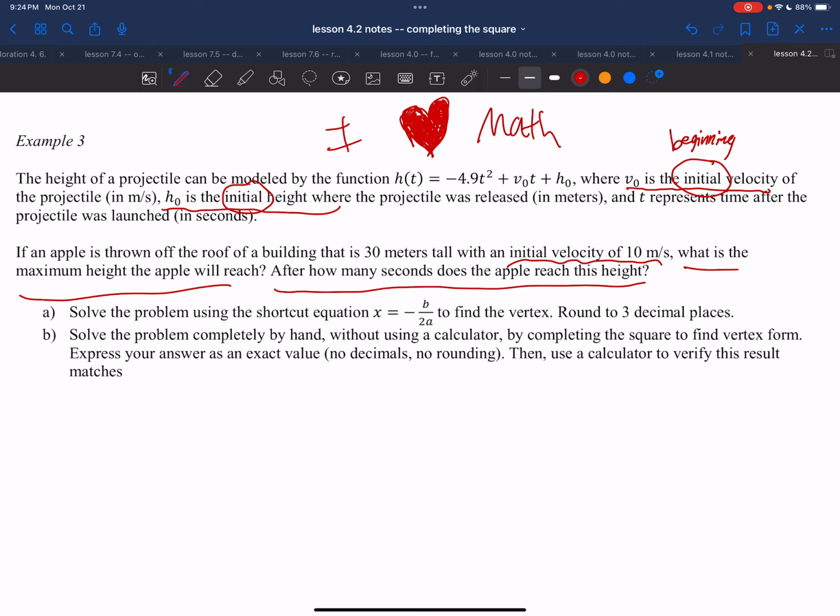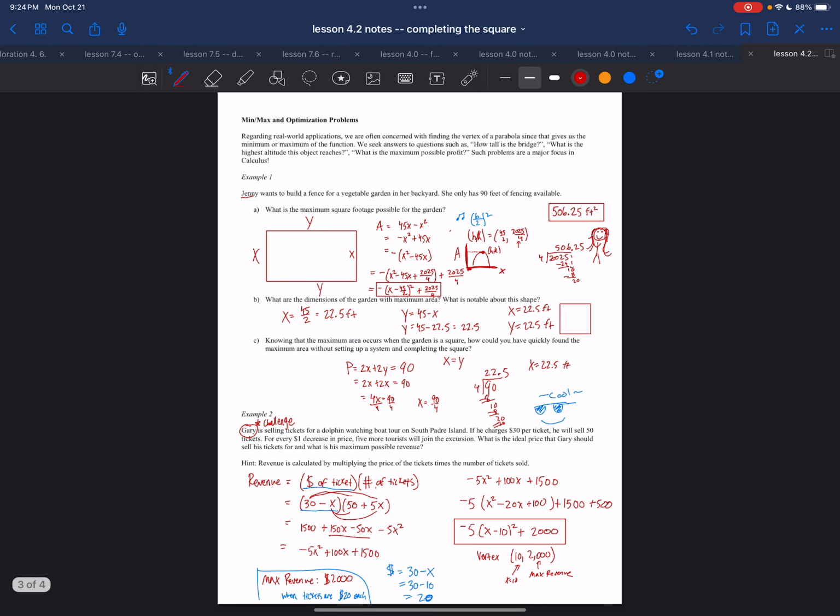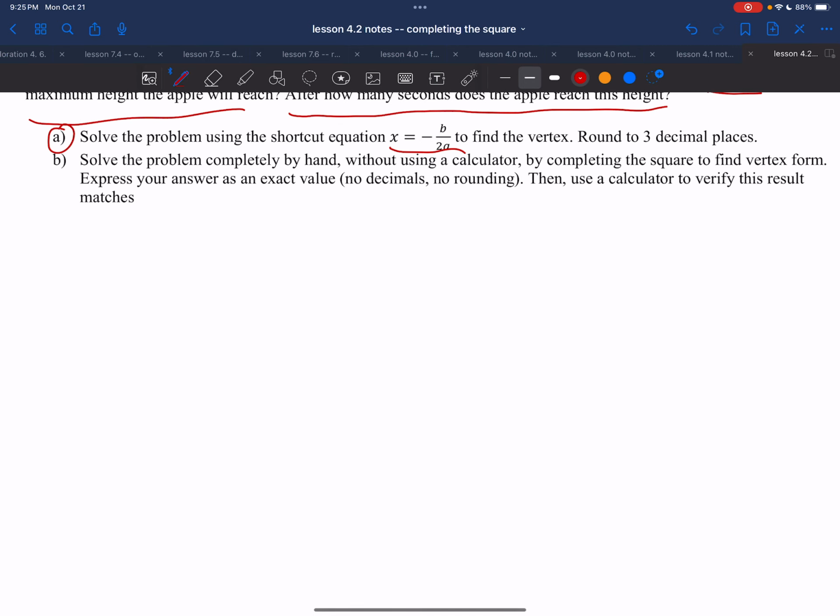Option A says solve the problem using the shortcut equation to find the vertex, and then round to 3 decimals. This is why I kind of helped you see the shortcuts can work. By the way, the shortcuts work on the two questions we just did too, but this problem specifically asks for it. So here's part A.